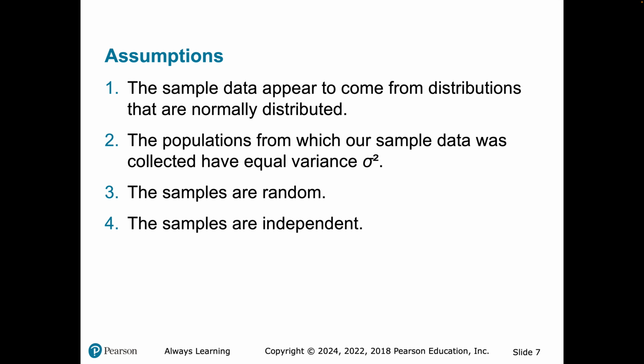So assumptions, we need normal distribution. In other words, our sample data need to appear to come from distributions that are normally distributed. We have the equal variance assumption, we have the random assumption, and we have that the samples are independent. Independent is just a fancy way of saying that the scores in each group aren't related.